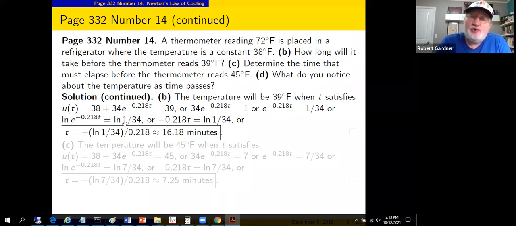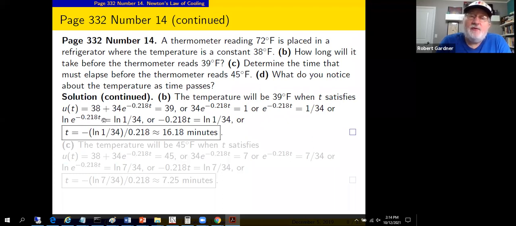So set the temperature equal to 39, that produces this equation, and solve it as we've done previously. Subtract 38 from both sides, it just leaves a 1 on the right-hand side. Divide both sides by 34, producing this. Trying to get to T, it's in an exponential. Take a logarithm, natural log in this case, of both sides.